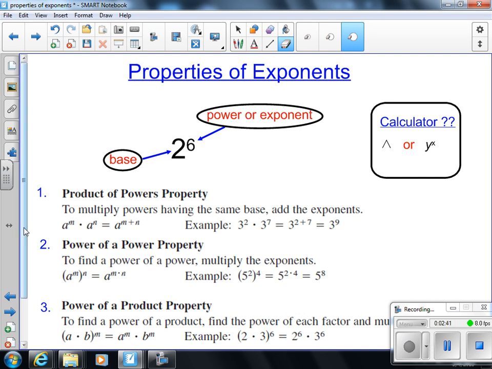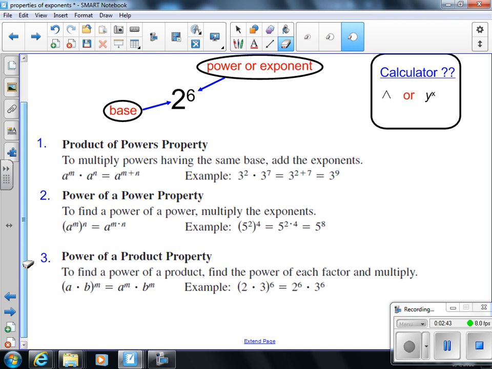Okay, now the second property for exponents is the power of a power. Now here's where I have a quantity raised to a power. So if I have some number to a power and then that whole quantity is raised to a power, then you multiply the exponents or powers. Here's an example.